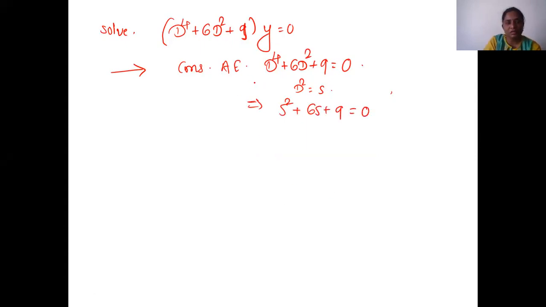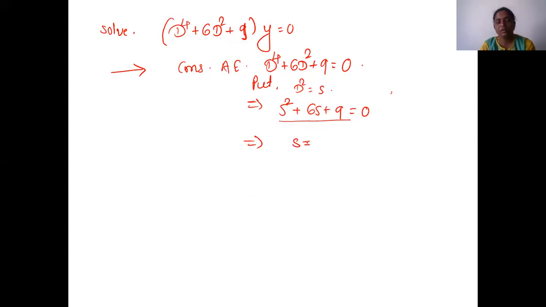Now this we can solve on the calculator. Solve it. Tell me the roots. -3. But what is it equal to? s is equal to -3. We are solving for s.